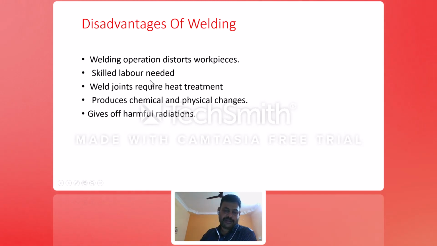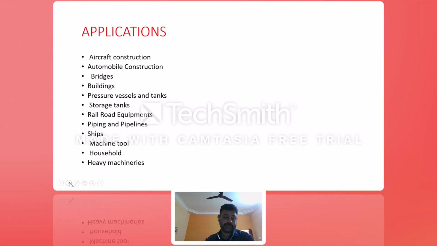Then skilled labor is required, a skilled welder. Then the welded joint may require some heat treatment if you want to relieve the distortion or residual stress from the heating process, and it gives off harmful radiation during the welding process. These are all considered disadvantages. This harmful radiation will affect your eye. Probably in your workshop, after completion of welding, you will get eye pain. The only reason is the radiation emitted during the burning of metal.